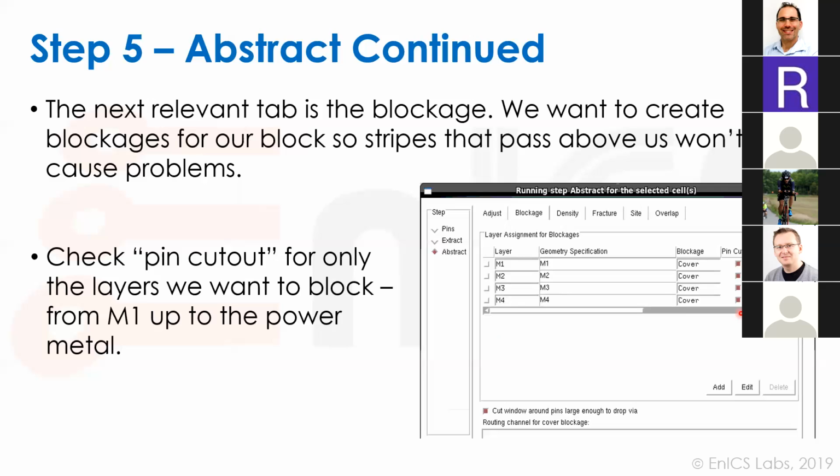Regarding these cuts, I think this is only needed for the power, because if the digital pins are on the boundary, the router will be able to access them even without the cut. Because I saw several times that these cuts actually cause the router to do weird stuff.